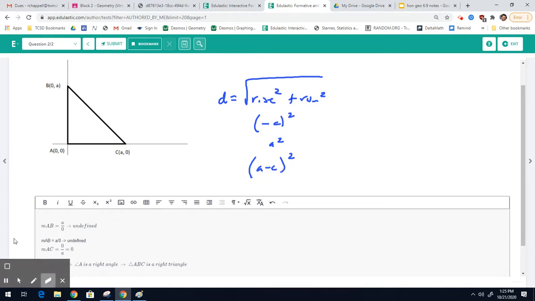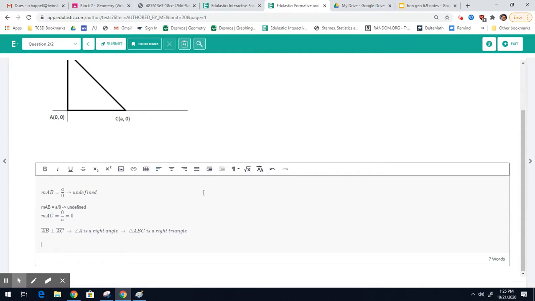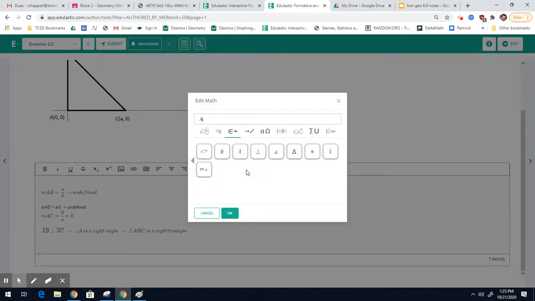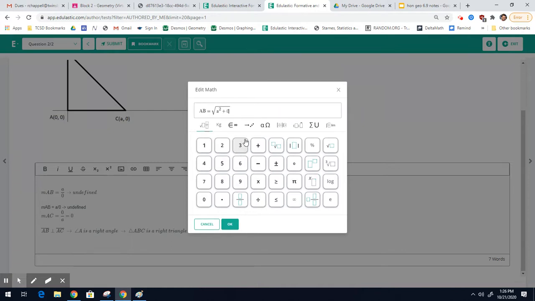Okay. So I'm going to use the length of AB. To find the length of AB, I will need to take the square root. AB equals the square root of A squared plus 0 squared.